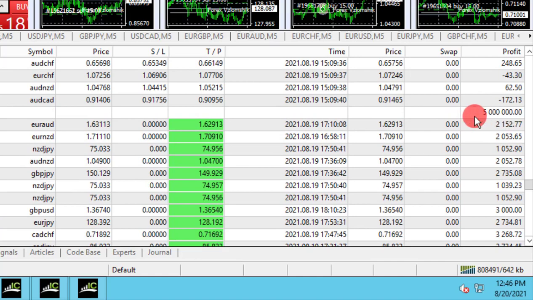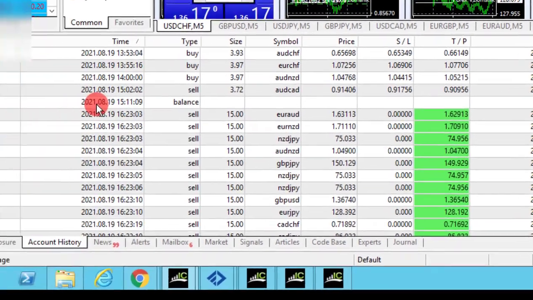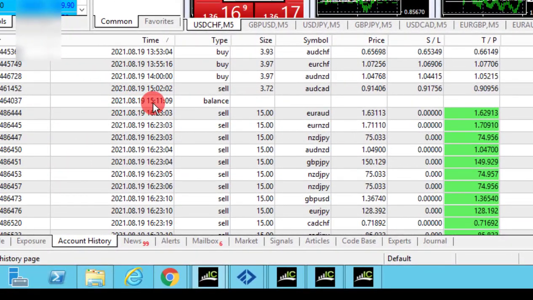So from this point you see the $5 million balance added at 19, like 3 in the afternoon, and then I started trading at 20 past 4. That's not even the right time to start, really.